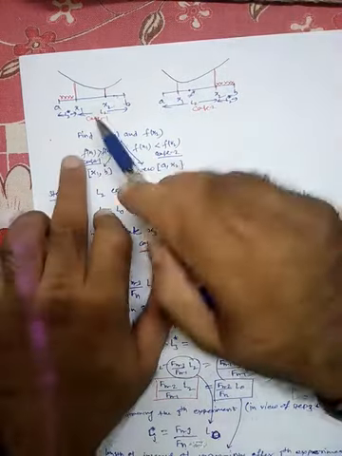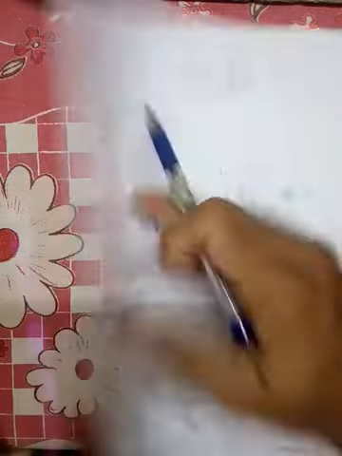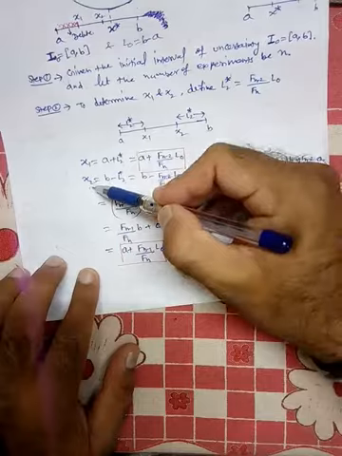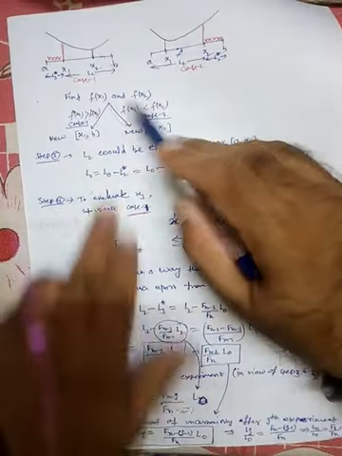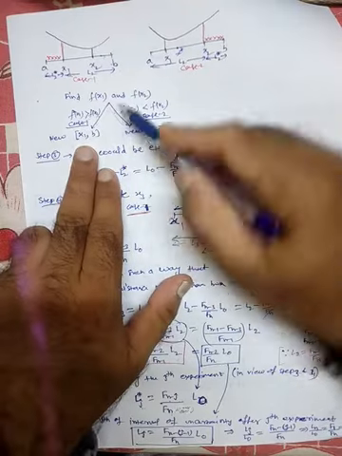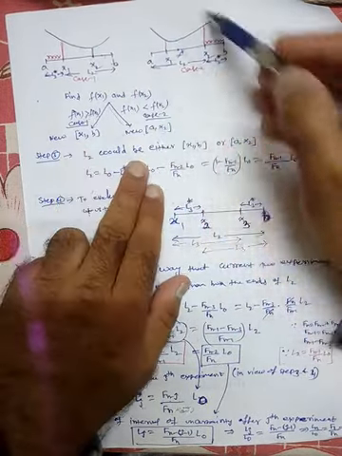Now we have evaluated x1 and x2, so now find f of x1 and f of x2. We have two cases, case 1 and case 2. Case 1 means this case, case 2 means this case.